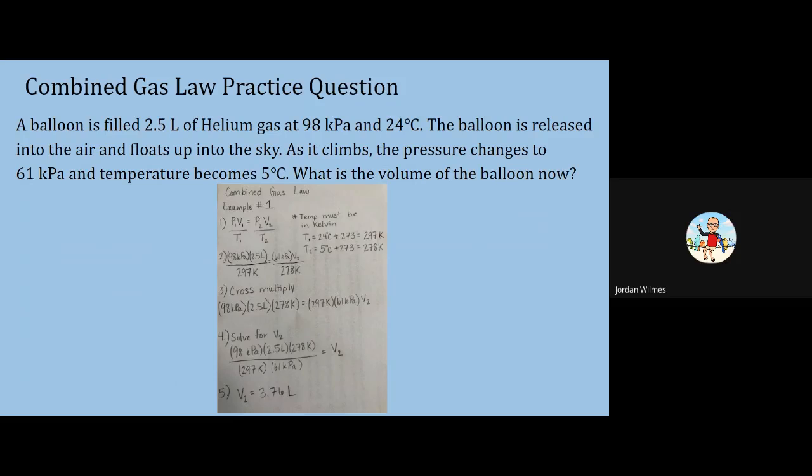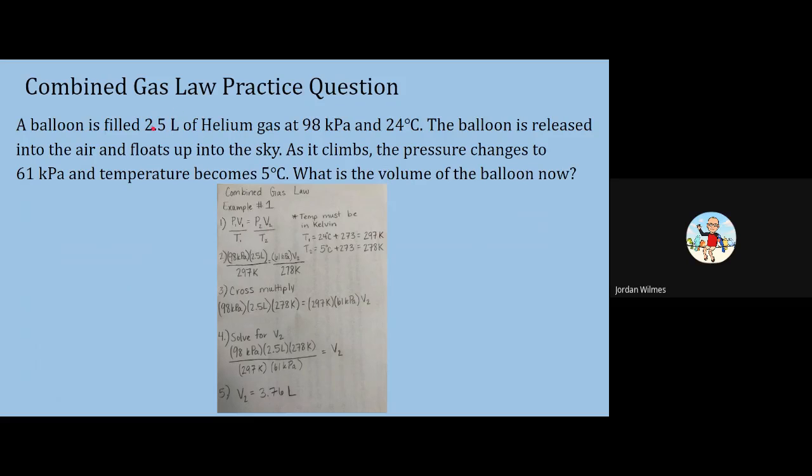These problems should look familiar to you. The only thing that we've done differently is we've added in a third variable. The challenge is figuring out the ones that changed and then getting them in the right spot here. One thing that I've seen people do is I've had a couple people start to mix up what liters and what kilopascals actually mean.